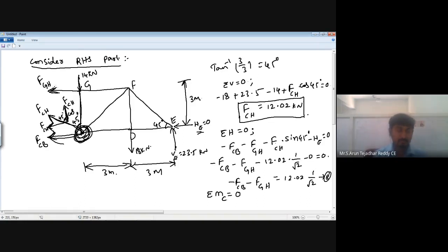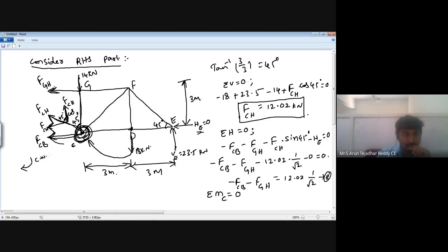First I will consider the 18 kilonewton. The 18 kilonewton is at point D. Moment about C: it is moving in this direction, which means clockwise.